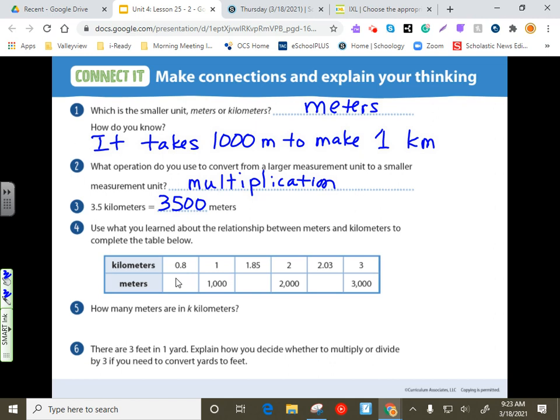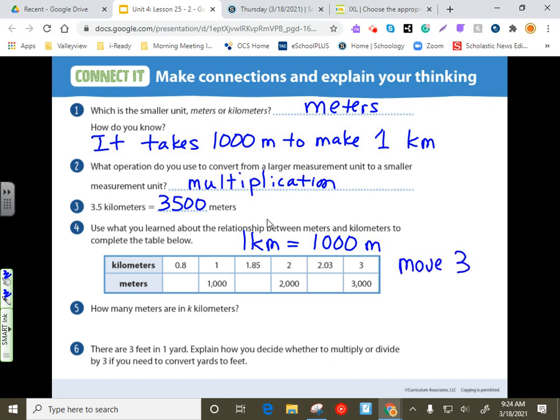So for this one, our 0.8, actually before we start, and I still do this when I do conversions, I make sure I put down the basic information here so I know. And for this, I'm going to write a little rule over here.